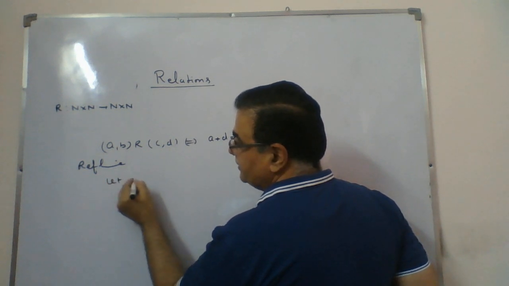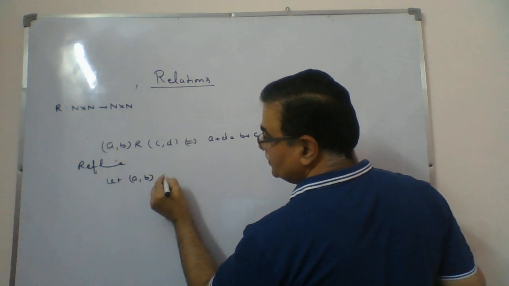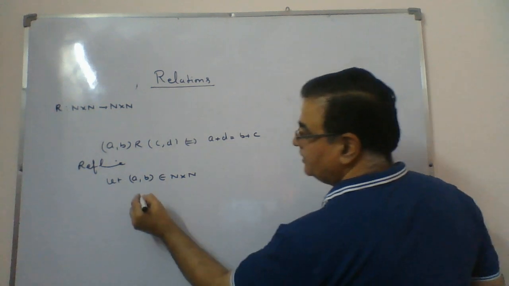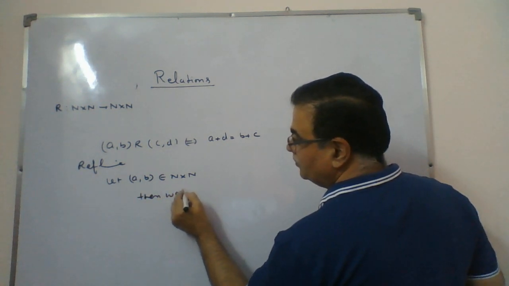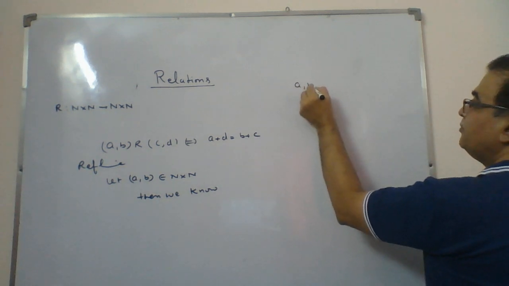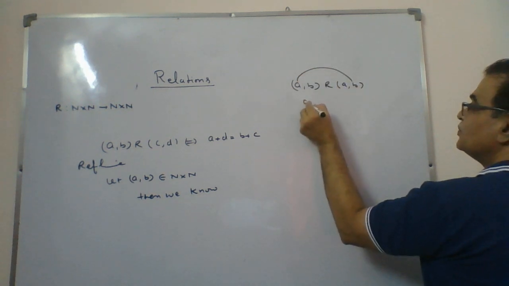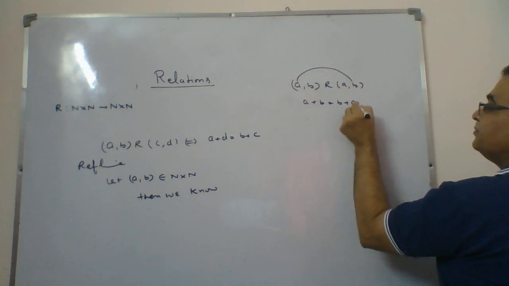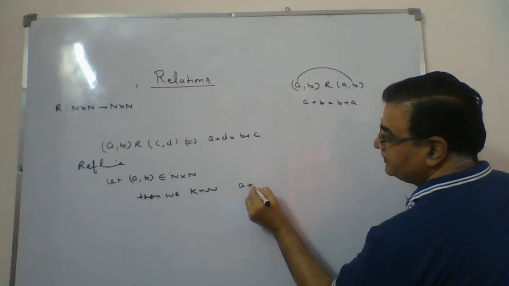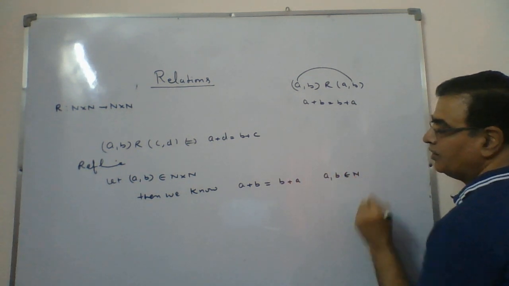For reflexive, let (A, B) belong to N cross N. Now in this case we want that (A, B) should relate with (A, B). That means the sum A plus B and B plus A must be the same. So we know A plus B is equal to B plus A, as A and B are natural numbers.